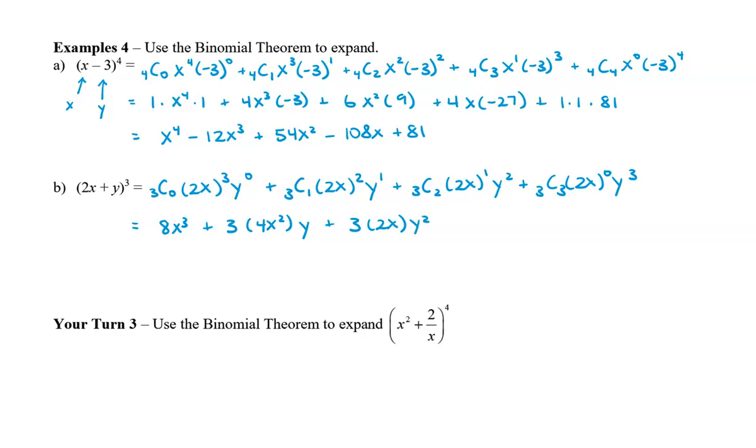And this will be y squared, and then plus, we'll just write y cubed here. So simplifying one more time, we get 8x cubed plus 12x squared y plus 6x y squared, and then plus y cubed. So that is how you can expand any binomial by using the binomial theorem.